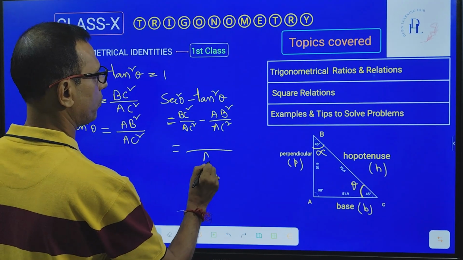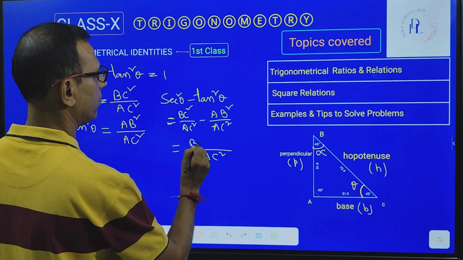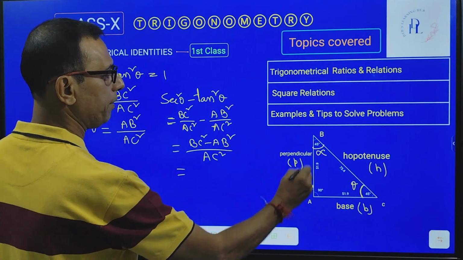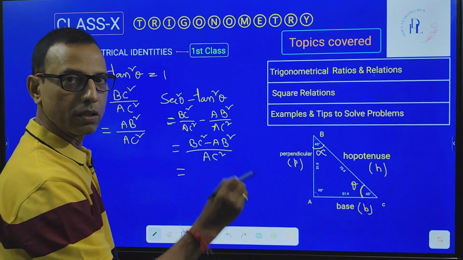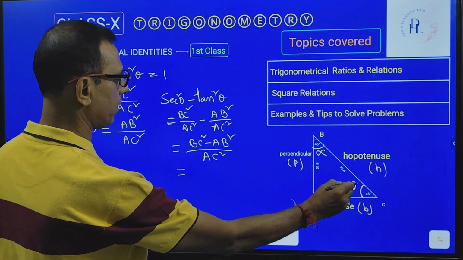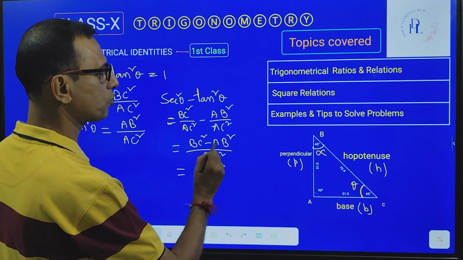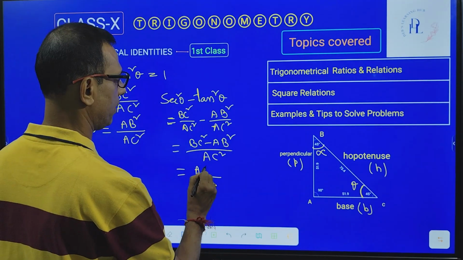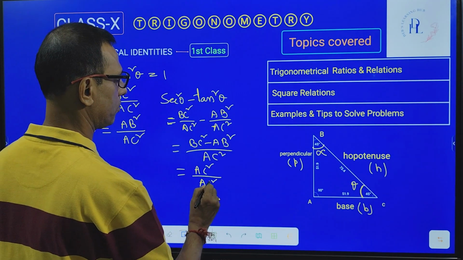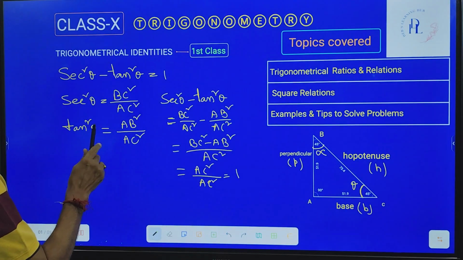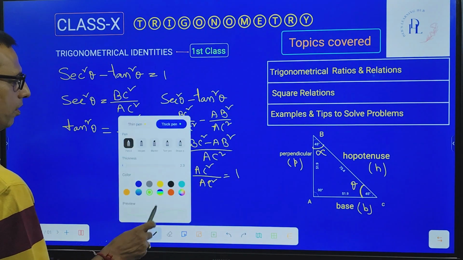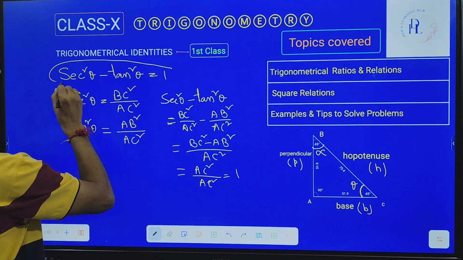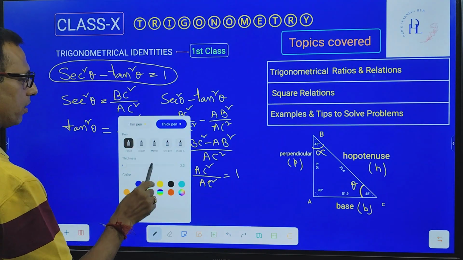That means AC square is the denominator, and BC square minus AB square in the numerator. Now AB square plus AC square equals BC square, Pythagoras theorem. So BC square minus AB square means AC square. So AC square by AC square equals 1. So we have proven this: sec square theta minus tan square theta equals 1. Okay.